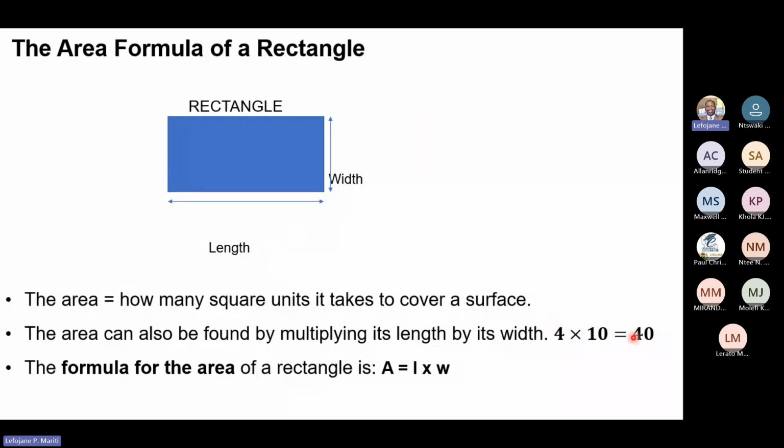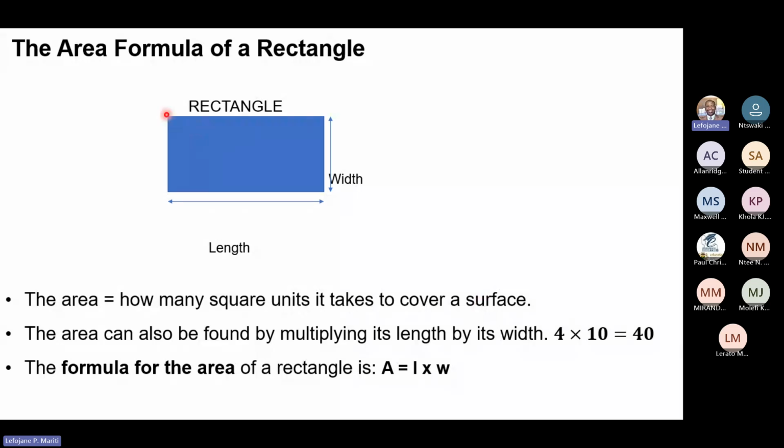4 multiplied by 10 will give us 40. Remember we said earlier, because you're dealing with area, it must always be 40 square units, not just 40. This, in essence, is giving us the formula for calculating the area of a rectangle: area will always be equal to the length multiplied by the width, or the breadth.